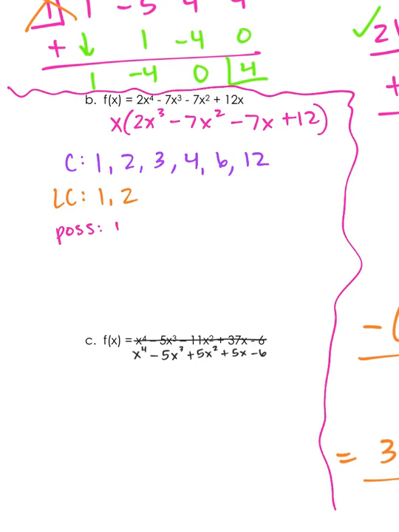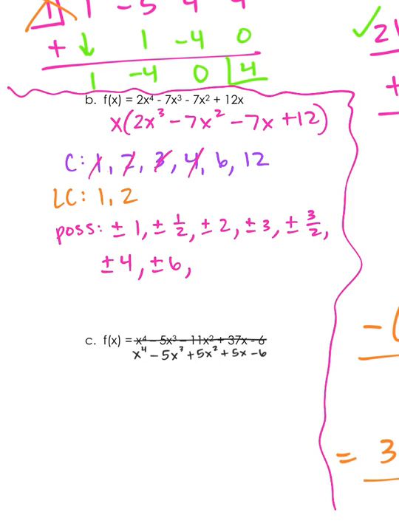My possibilities, plus or minus 1, 1/2, 2. 2 halves is just 1, so don't have to write that again. 3, 3 halves. 4, 4 halves is 2, so I don't have to write that again. 6, 6 halves is 3, so I don't have to write that again. 12, and then 12 halves is 6, so I don't have to write that again. So these are my possible answers.